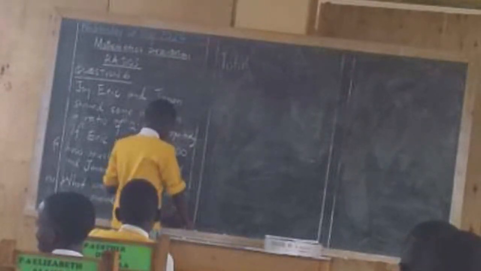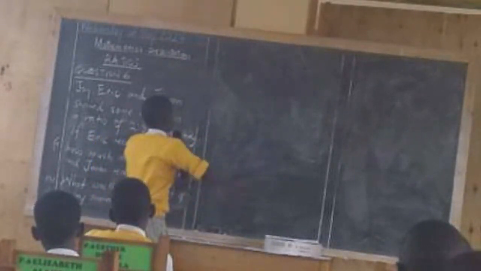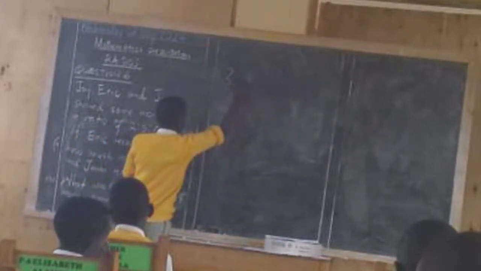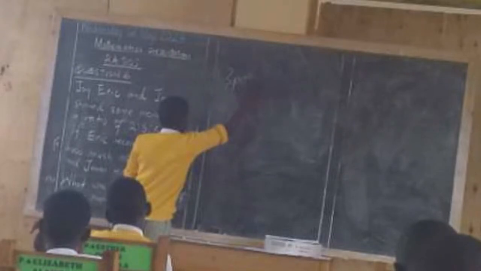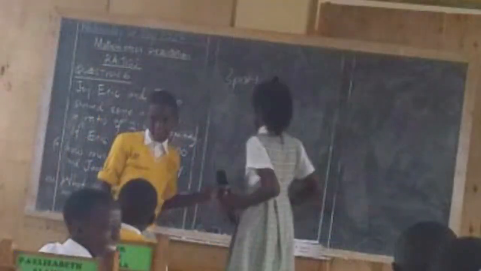So, the first step that we are going to begin is finding one part of the total amount. We're going to first arrange these names.